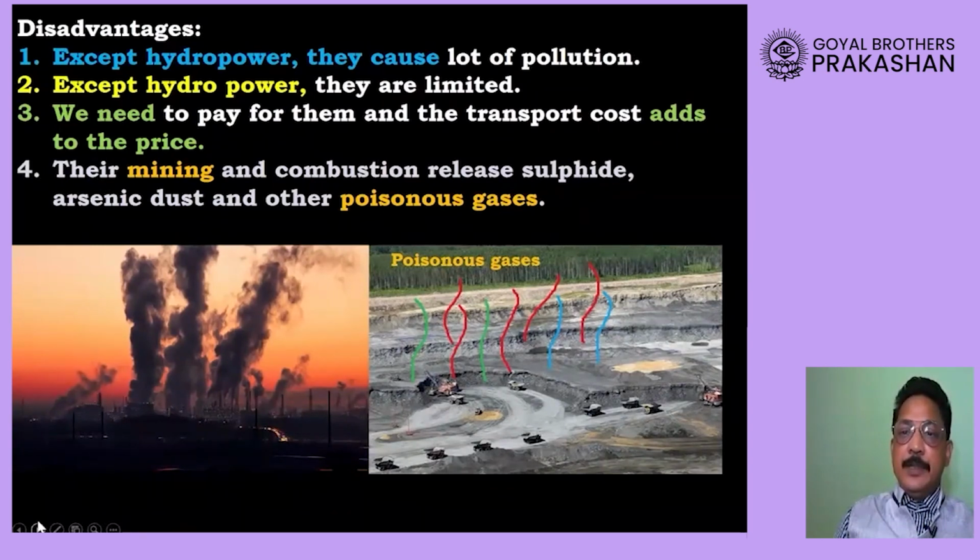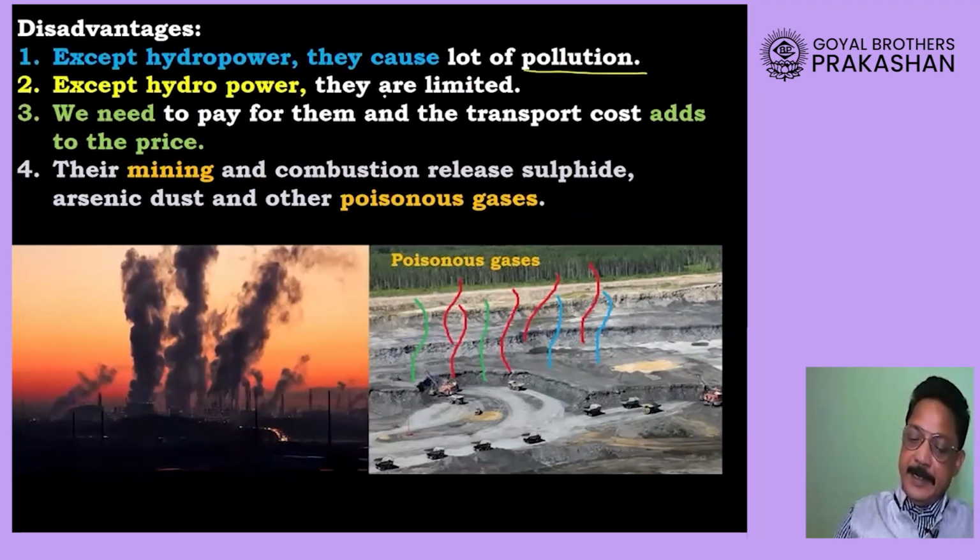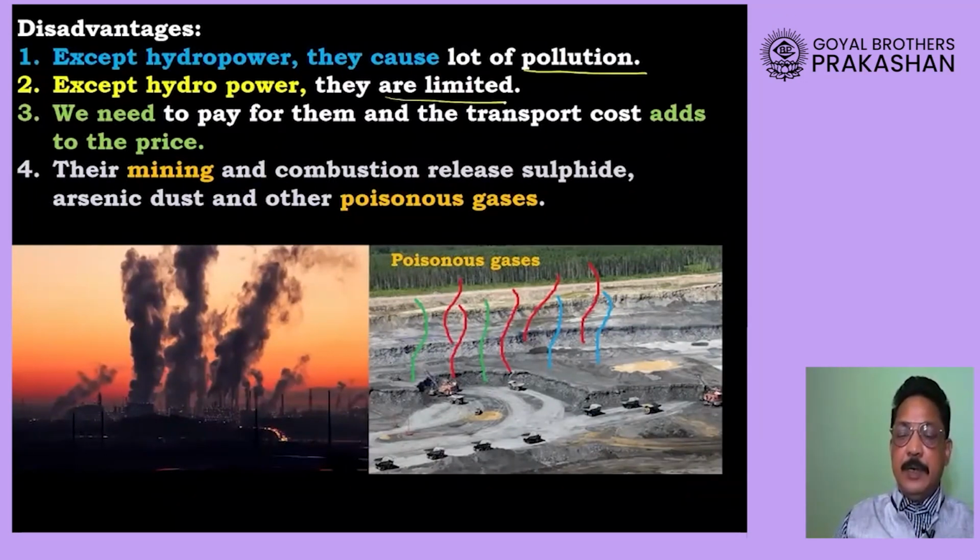One of them is, dear students, okay, that except this hydropower, that means hydroelectricity, they cause lot of amount of pollution. Second problem, they are also limited. Except what? Except this hydroelectricity, this all energy resources, okay, conventional ones, are limited. Therefore we have to use them very carefully.